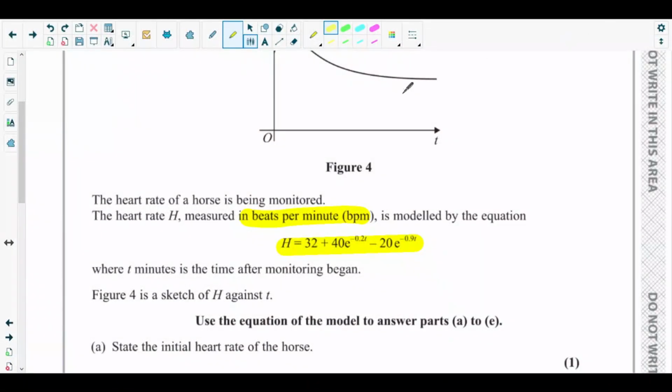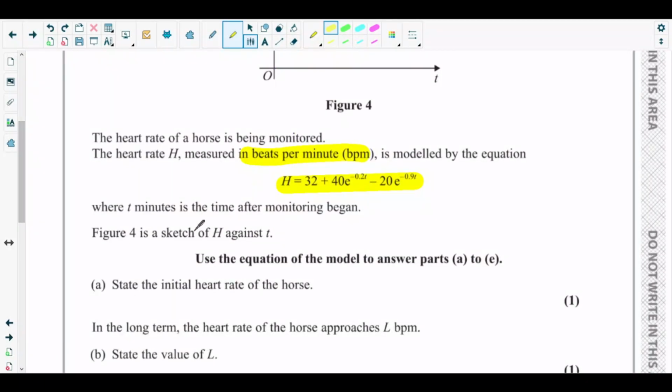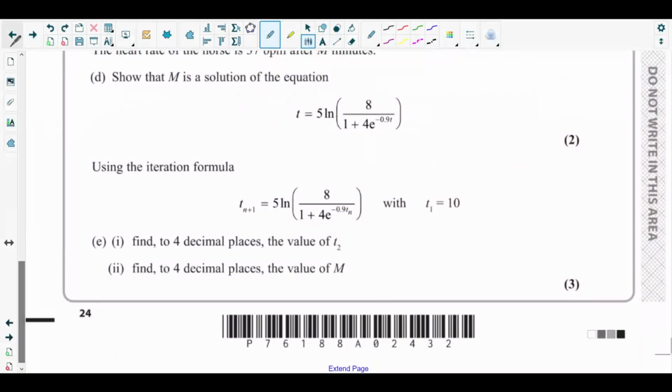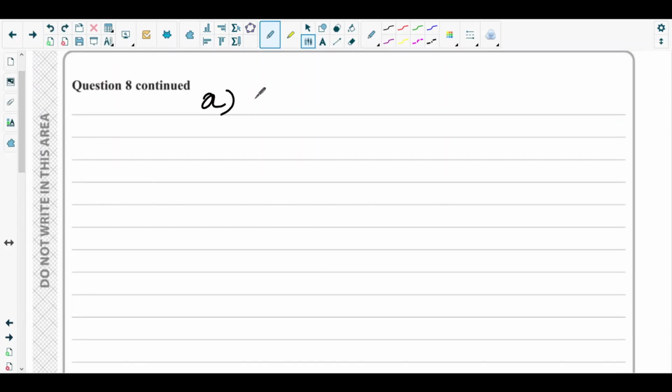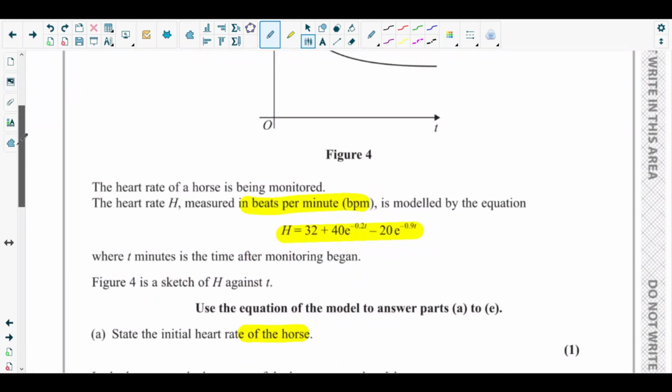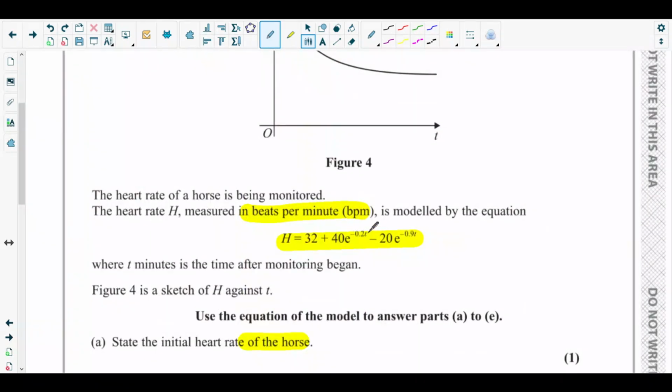The first part, A, asks to state the initial heart rate of the horse. Initially, what would be the value for t? T equals 0, isn't it? So if t equals 0, then what would be the value for H? The value for H would be 32 plus 40 e^0 minus 20 e^0.